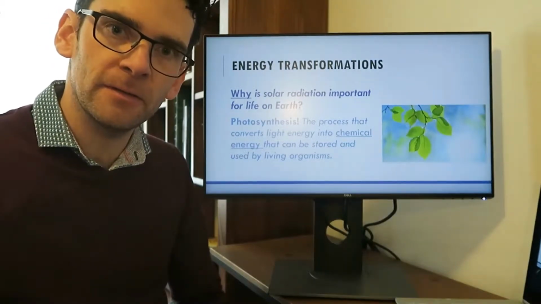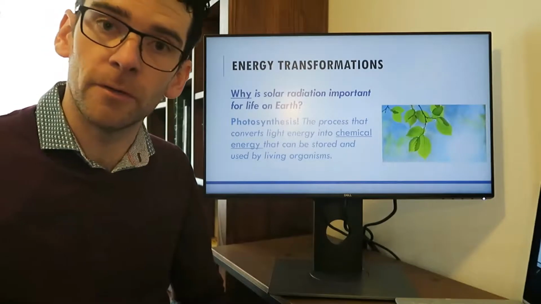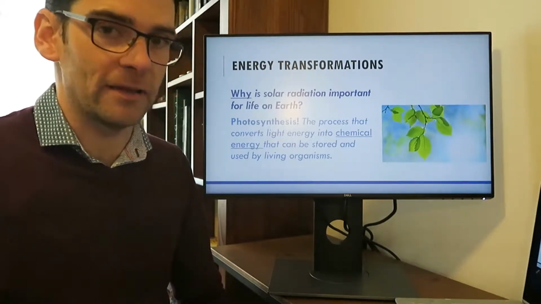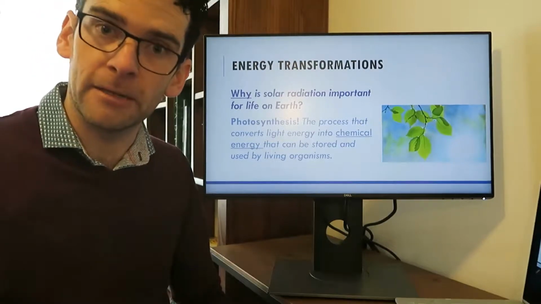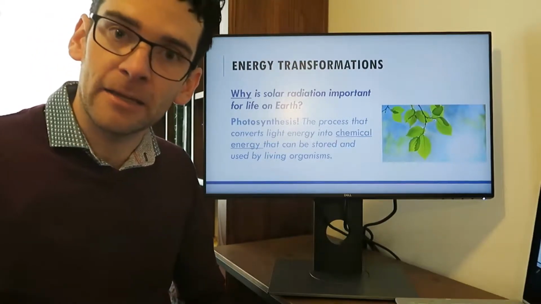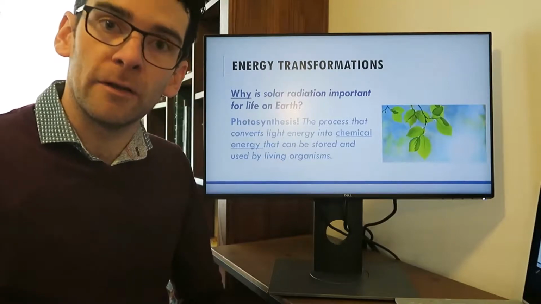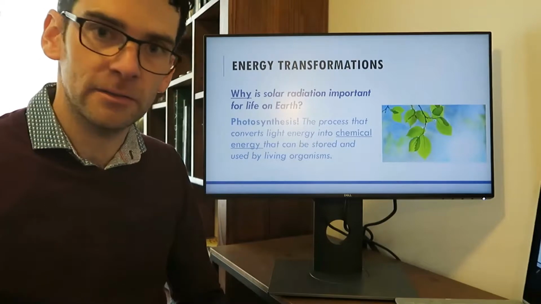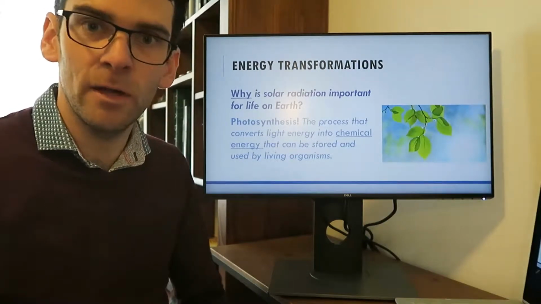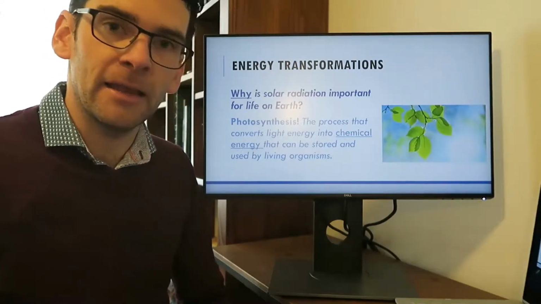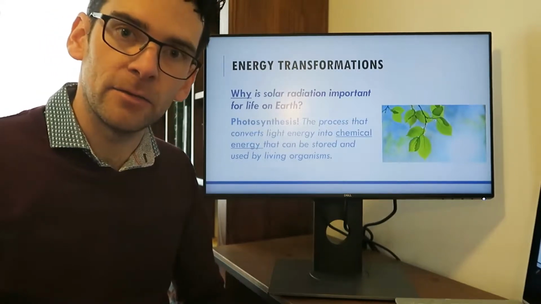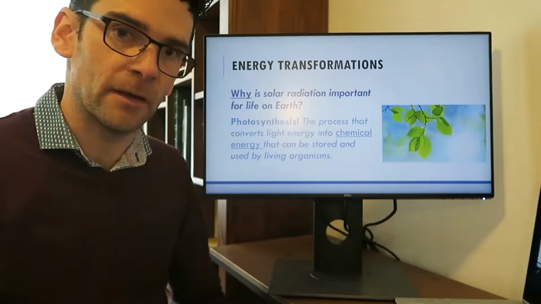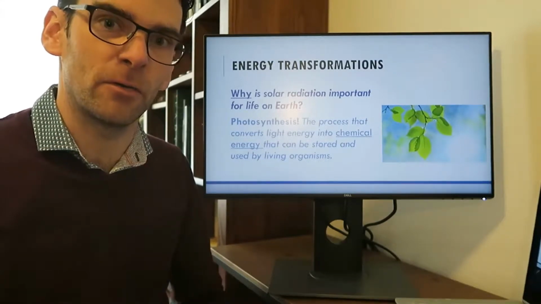Now, photosynthesis, which hopefully isn't a new term for you, is the process where living things, whether that's algae, vascular plants, non-vascular plants, anything that can photosynthesize, take inorganic products like minerals in the soil and light from the sun, and convert that into chemical energy which they can later use or store to undertake biological functions like growth and repair.